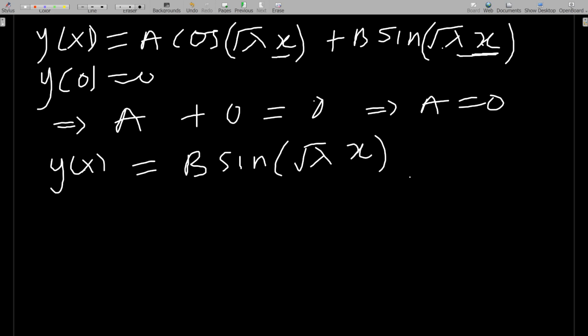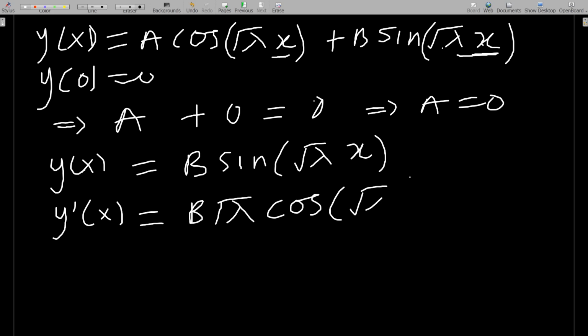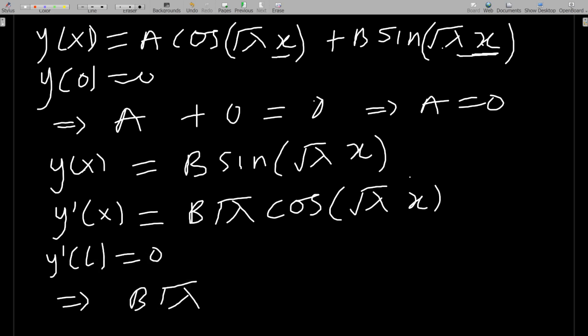Now let's look at the second boundary condition, which is y prime of something. So we have to find y prime of x, which is equal to b square root of lambda cos of square root of lambda x. And we're saying that y prime of L should be equal to 0, and this will imply that we have b square root of lambda cos of L square root of lambda, because when I put x equals L here, we have L multiplying that.